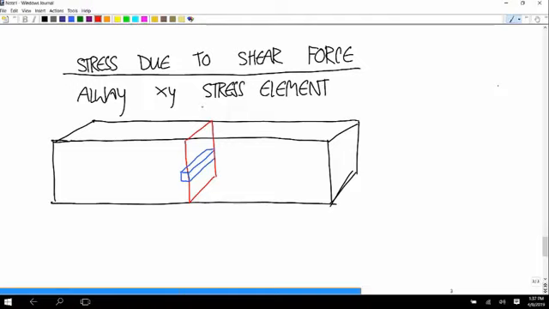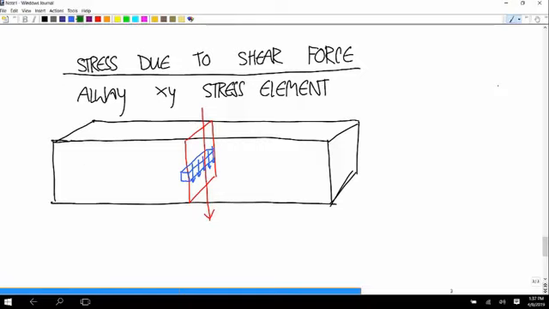Well, the shear force looks like this, right? And so that's naturally going to correspond to tractions like this on those little stress elements.